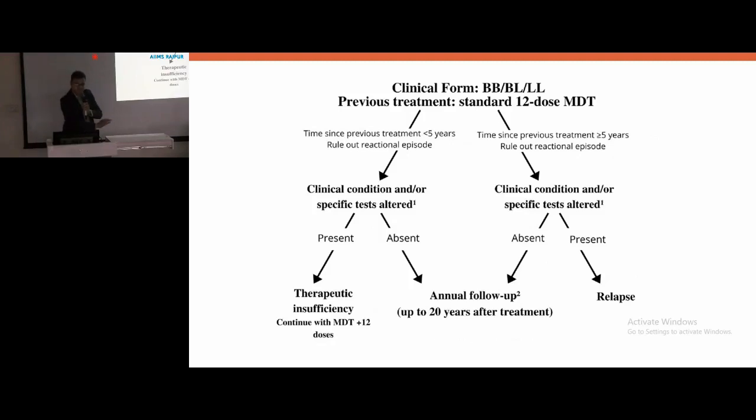It was a paucibacillary patient during the surveillance period presenting with therapeutic failure. Mid-borderline to lepromatous pole had received only 12-month treatment. Here it is insufficiency. We would again give 1 year of MB-MDT and then re-evaluate. So that should be the flow chart or the SOP for such patients. For more than 5 years or after the surveillance period, the algorithm remains the same.